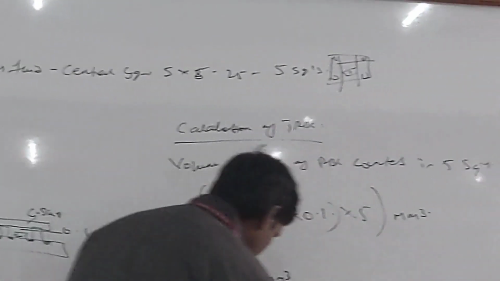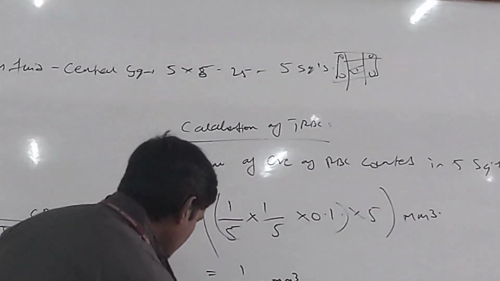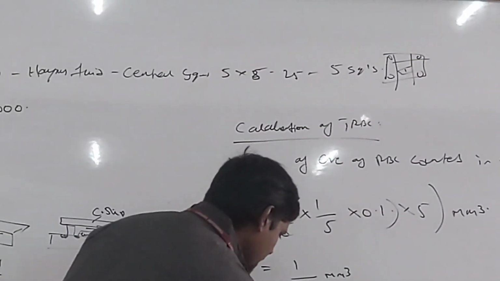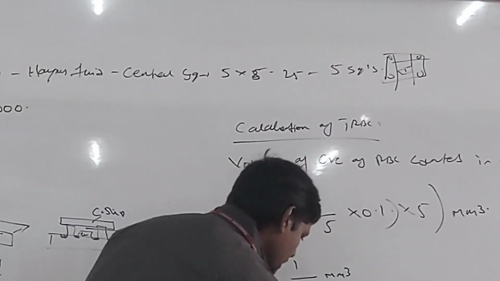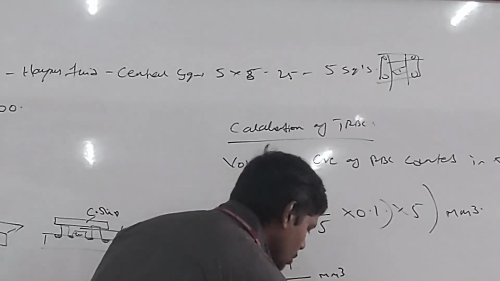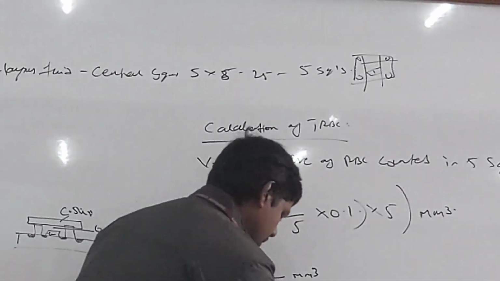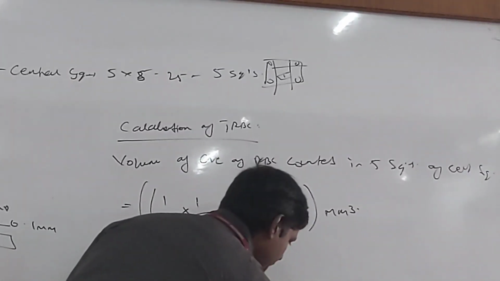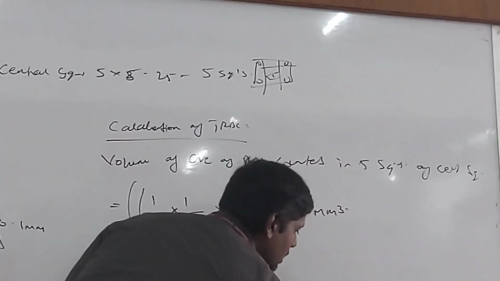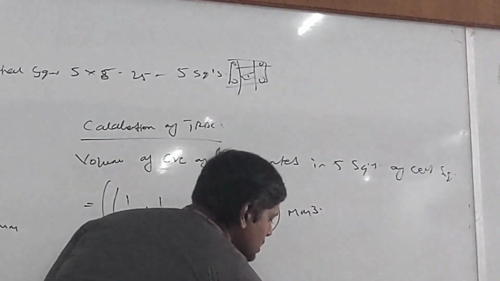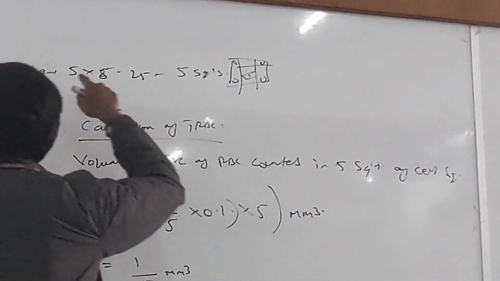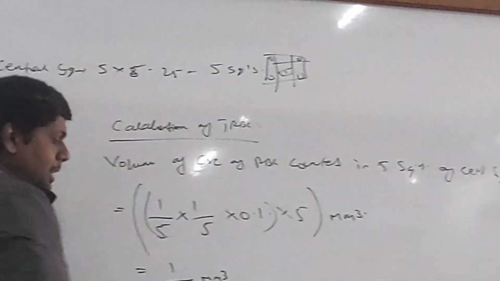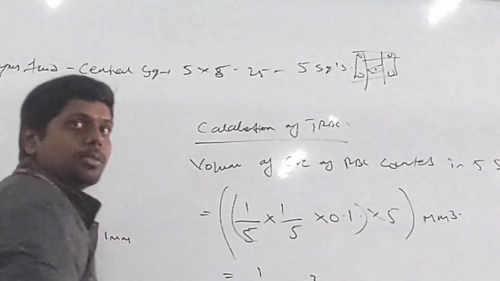Then the RBC counted in 1 millimeter cube per microliter will be N into 50 into 200, which equals N into 10,000. So this 200 is the dilution factor. That is how you got the N into 10,000 value.